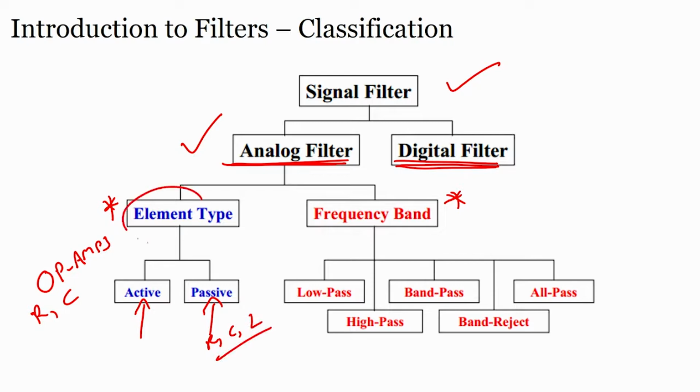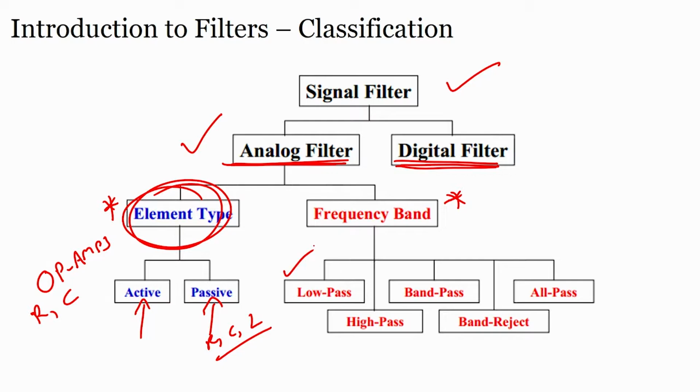Based on frequency band, it depends on which band of frequency the filter allows to pass and which it rejects, or it may allow all frequencies to pass. If it allows the low frequency to pass, we say it is a low pass filter.